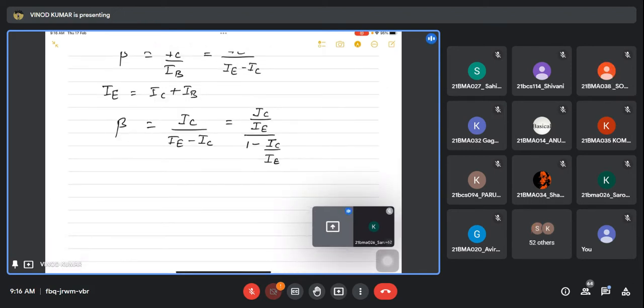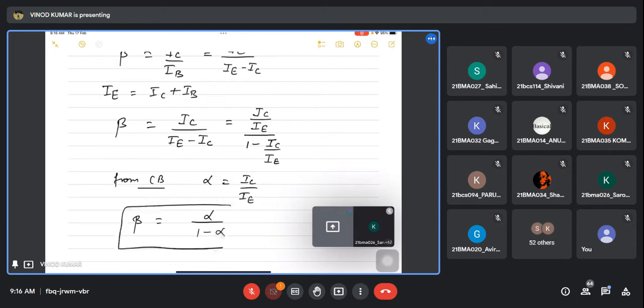So from common base configuration, we know alpha is IC by IE. So beta is nothing but alpha over 1 minus alpha. Right? So that is the relation between them. Or we can say beta is greater than alpha.